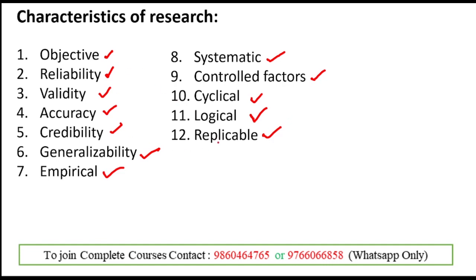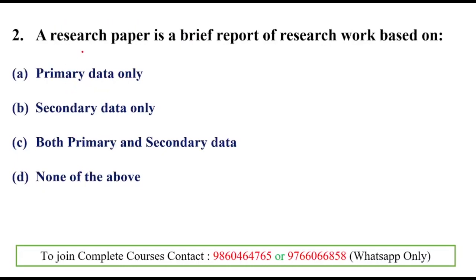So these are the important characteristics of research. And you may get a question asking which is not a characteristic of research, the odd one out, or which is the most important characteristic of research. Clear? And moving to the next one, the second question.